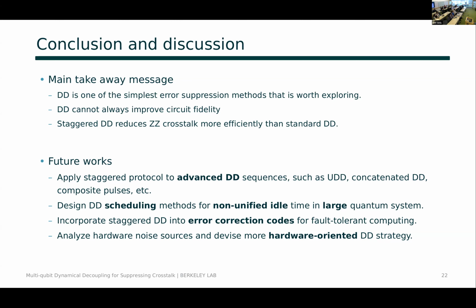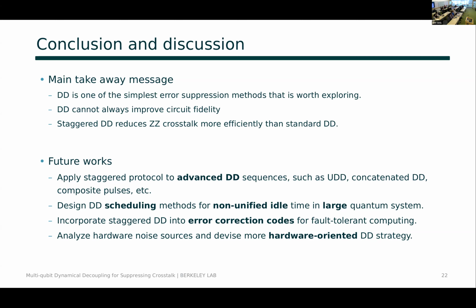For future work, we can, for example, apply this staggered DD protocol to more advanced DD sequences like UDD, concatenated DD, etc. Also, in our experiments, all the idle times are uniform, so we can also try to design scheduling methods for non-uniform idle times, also for large quantum systems.